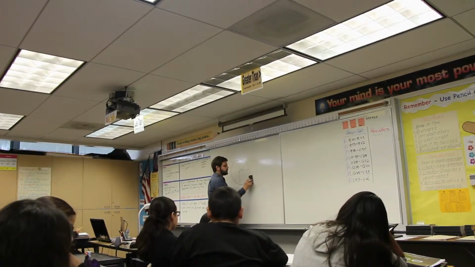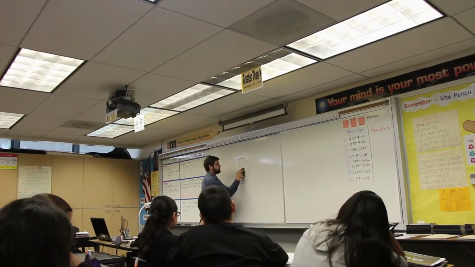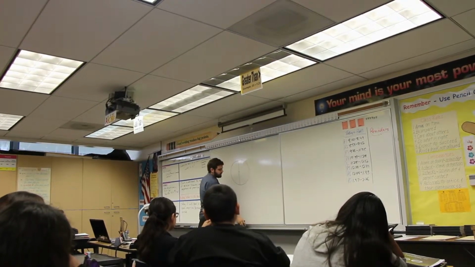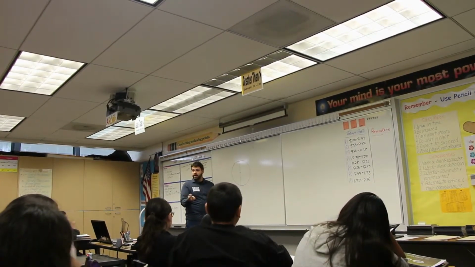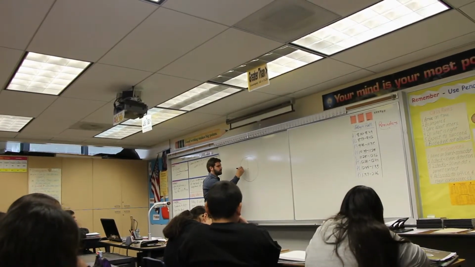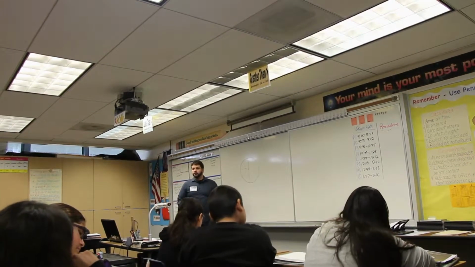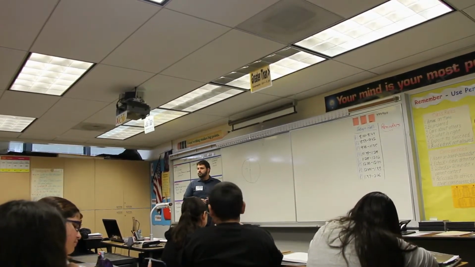All right, let's switch it up a little bit. Let's say we have a diameter now, okay? And the diameter of this circle is, let's say, 7, okay? What would be the circumference of that circle? I think 14. 14?